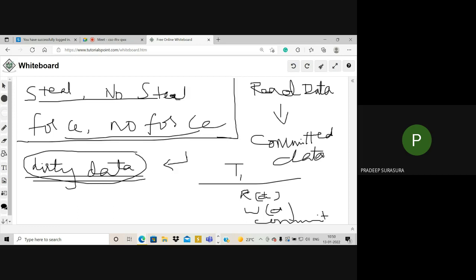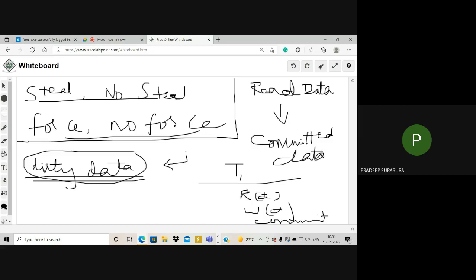Now that is all about dirty data. Now what about steal and no force? Steal, no steal, force, no force. Hope you understood the background with respect to read data, committed data, uncommitted data, complete transaction, and dirty data. After knowing all this background, we will step into the concepts of steal, no steal, force, no force.